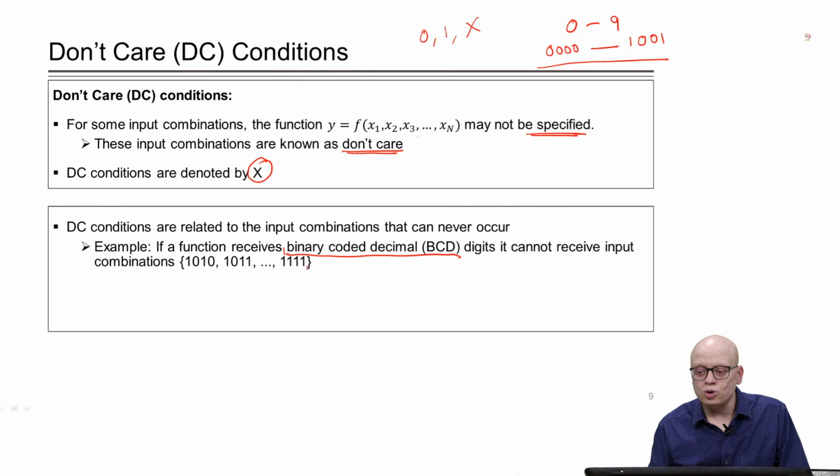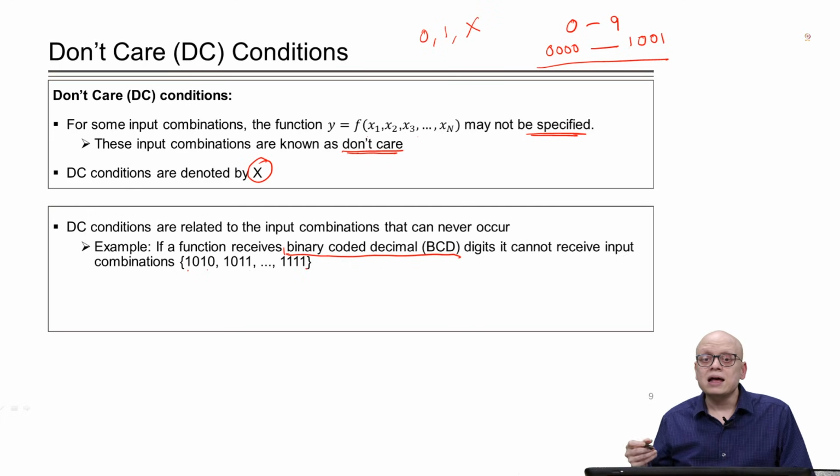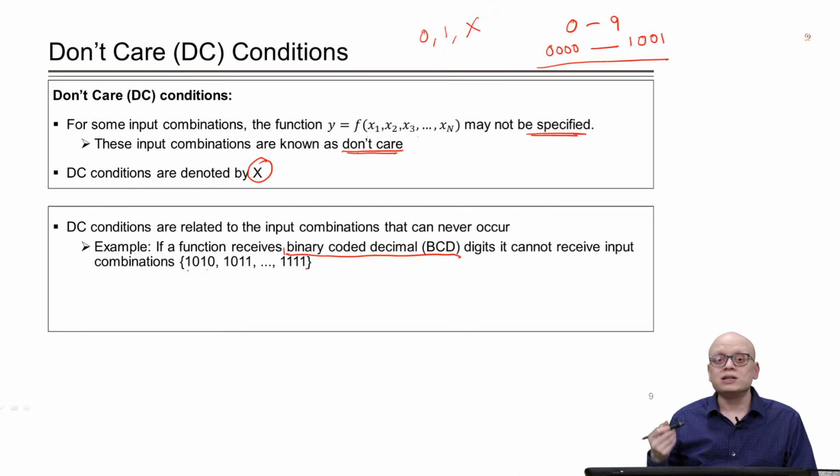Therefore, if we are designing a combinational logic block which is receiving numbers in binary coded decimal format, then the values 1 0 1 0, 1 0 1 1 up to 1 1 1 1 can never appear, and therefore these combinations can be considered as do not care in the combinational logic block that is receiving binary coded decimal digits.